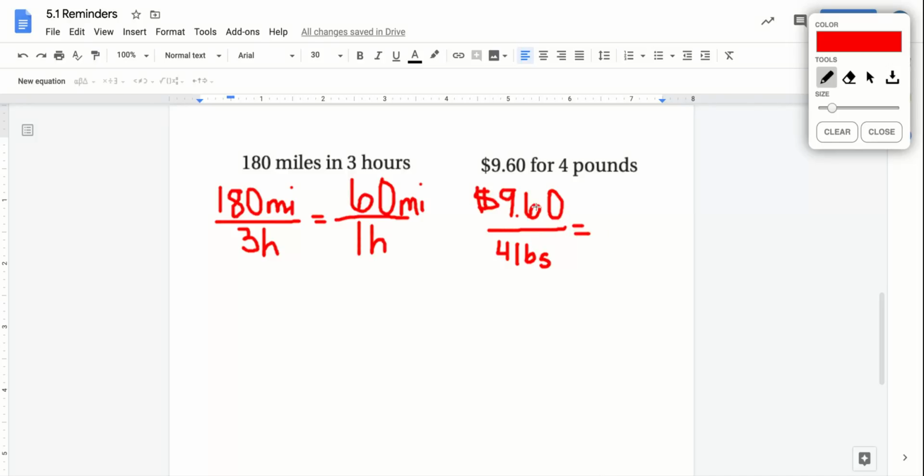I'm dividing $9.60 by 4 pounds. And when I do that, each pound is going to cost me $2.40 per pound. So over 1 LB. Okay, with little periods so that we know that those are abbreviations.